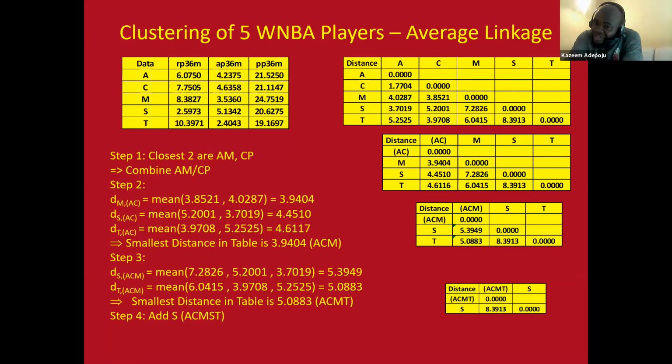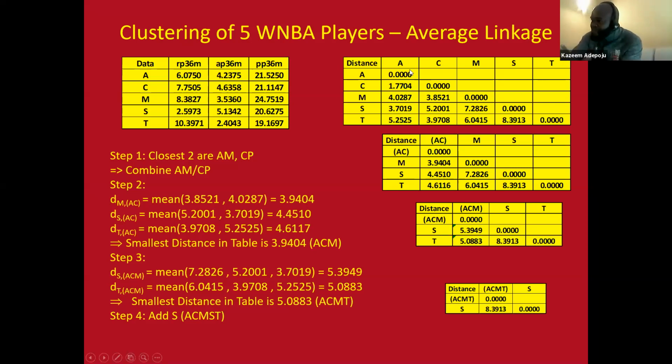Oh, it's not special. What you're going to do, you're still going to start with the minimum. Because I told you, whether you are dealing with single linkage, complete linkage, or average linkage, to decide which item to match, you're still going to use the minimum.